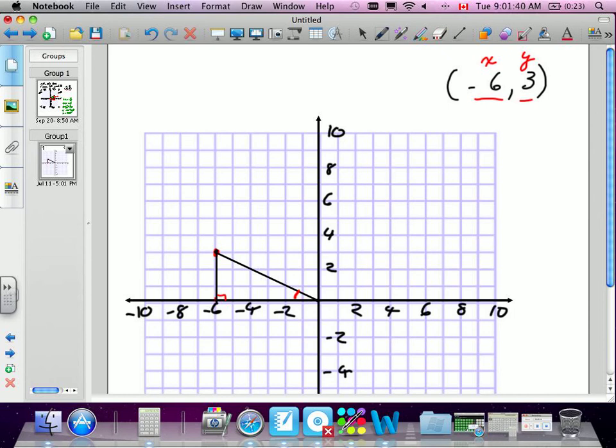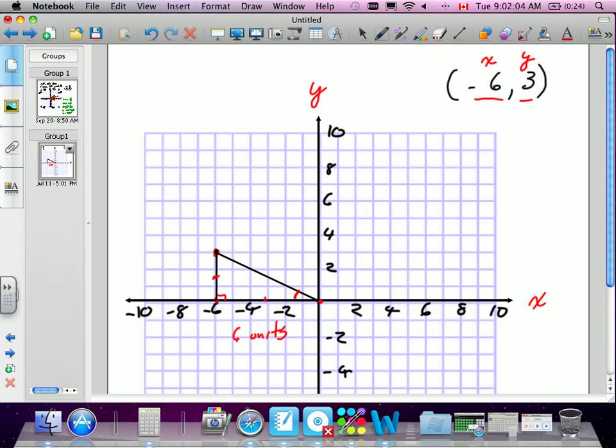Can anyone tell me any of the measurements of this triangle? What would the bottom, the part touching the x-axis, how long would that be? 6 units. And how did you know that? That's right. Because our x value is -6, from the origin to here we know it's 6 units long. That's this part. And how about this side of the triangle? 3 units. Good.